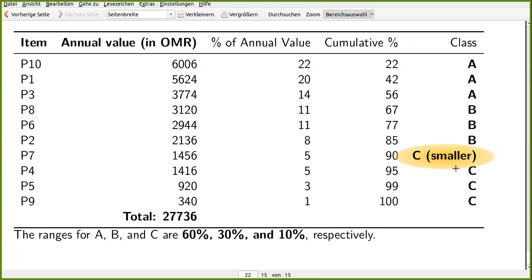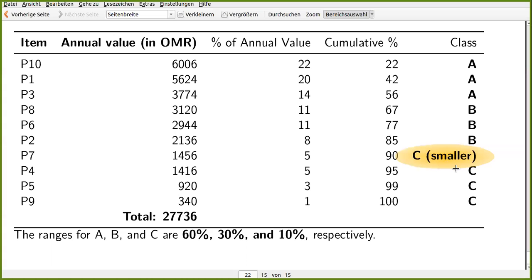And the C items are those where usually we have a lot of items, but they are of little value. In practical scenarios, what you often observe, according to the Pareto rule, is that we have only a very few A items and a huge number of C items.